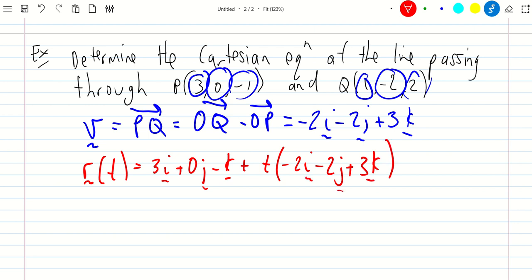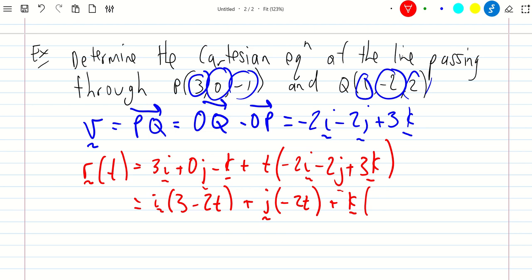If we combine together our i's, we have 3 minus 2t for the i's, plus j's. For the j's we have 0 over here, and then negative 2t, plus k. We have negative 1 plus 3t for the k's. And so that is my vector equation.